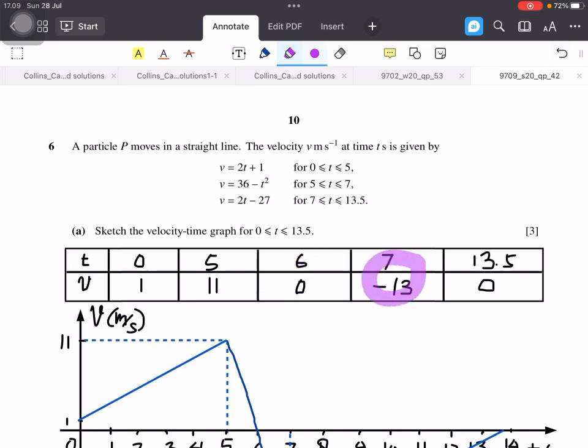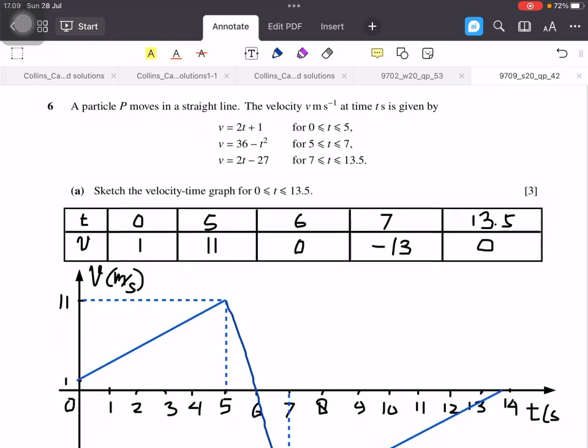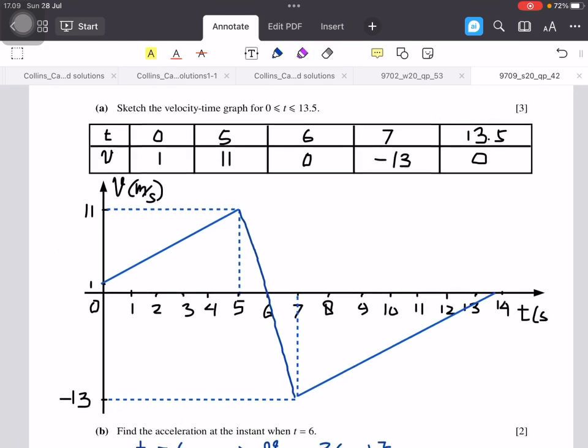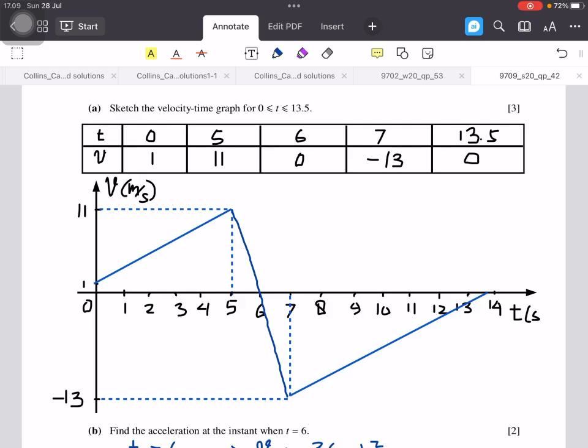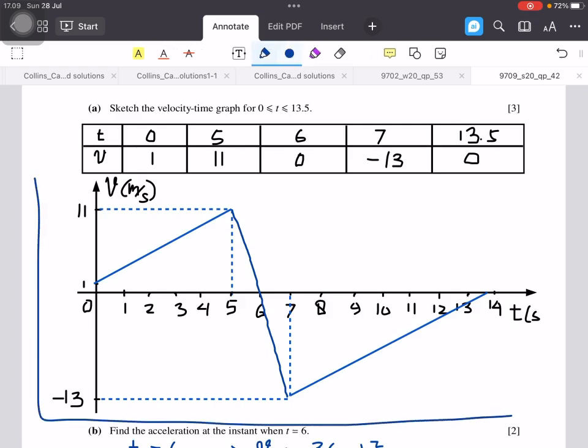And then when t equals 7, V is negative 13 meter per second. With the help of this table, the sketch of the graph will be this one.